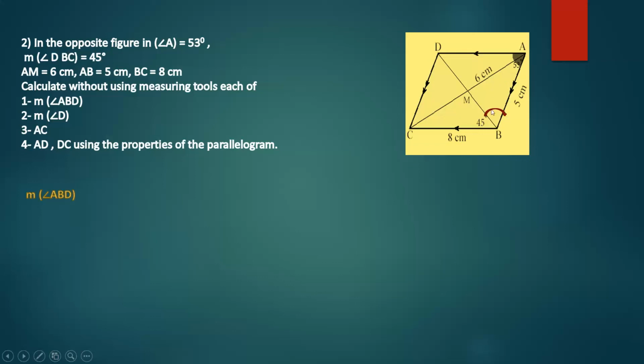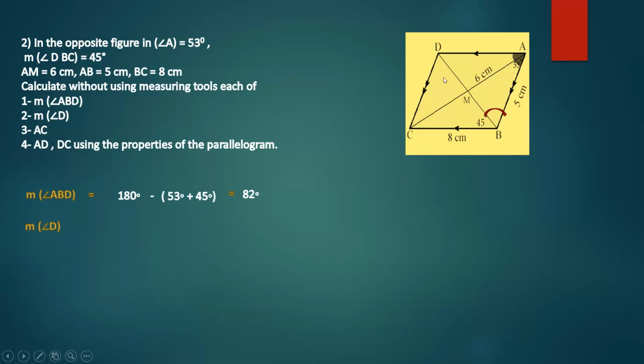We know that the sum of two consecutive angles equals 180, so the measure of angle A plus the measure of angle B equals 180 degrees. If we subtract both of them from 180, it will give me angle ABD. So 180 minus the sum of these two angles is 180 minus 53 plus 45, equals 82 degrees.